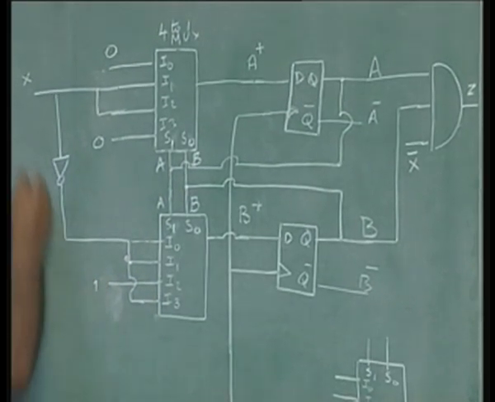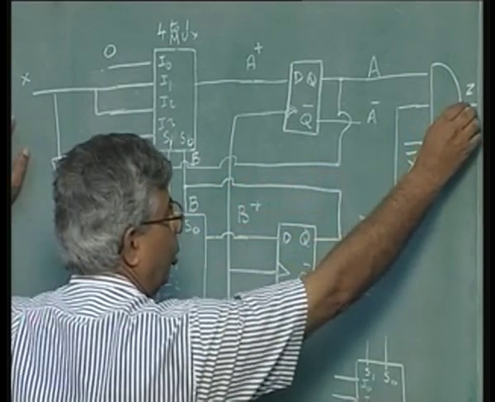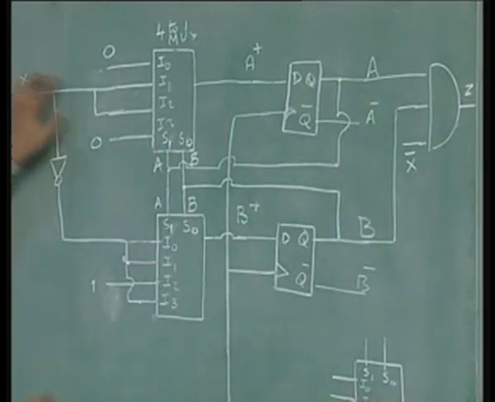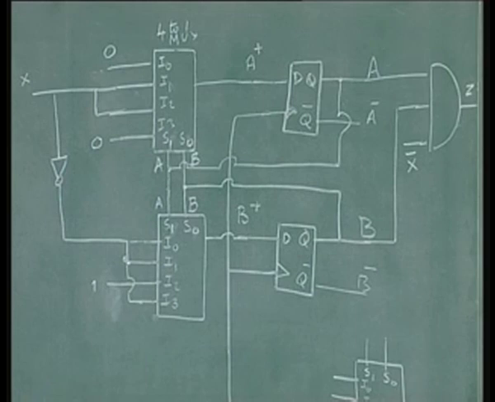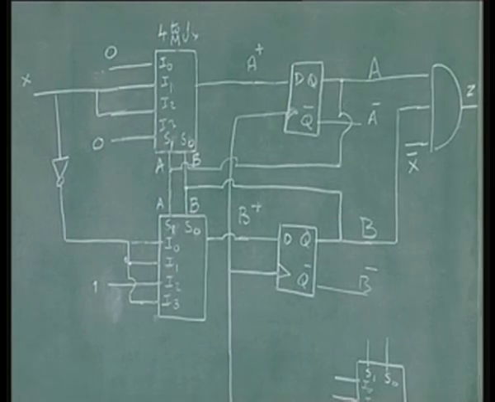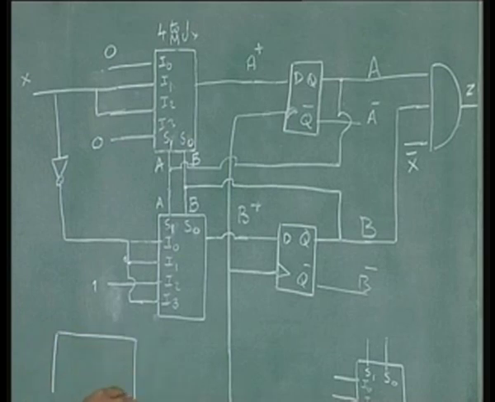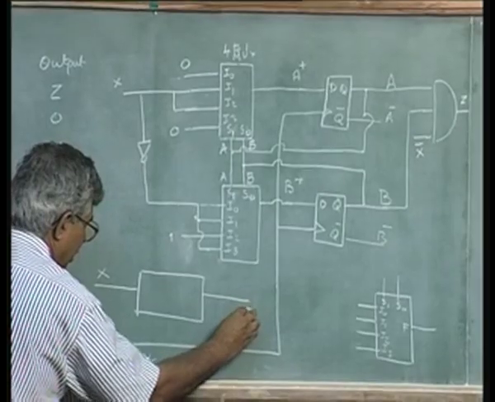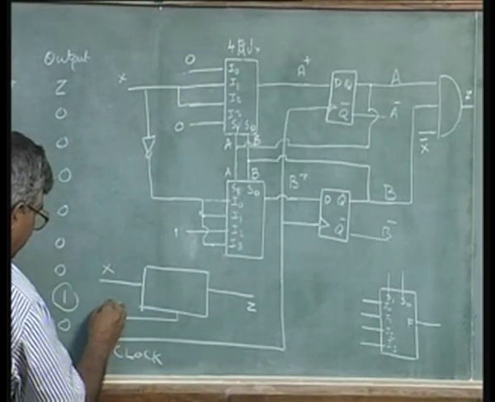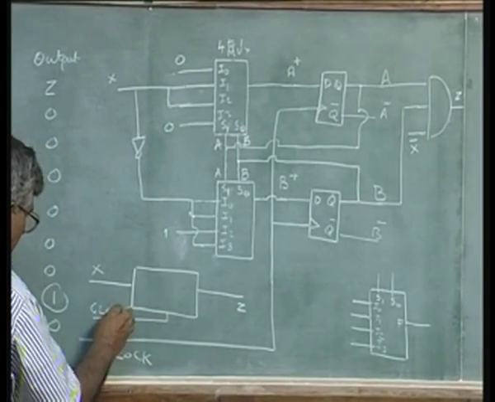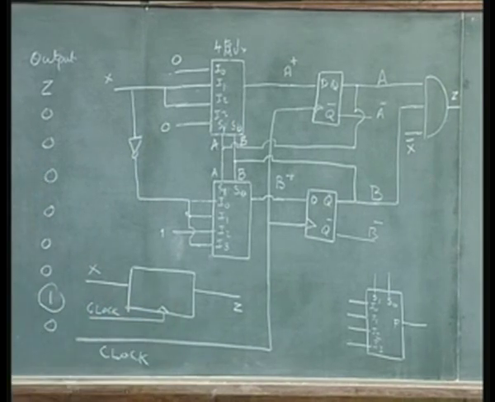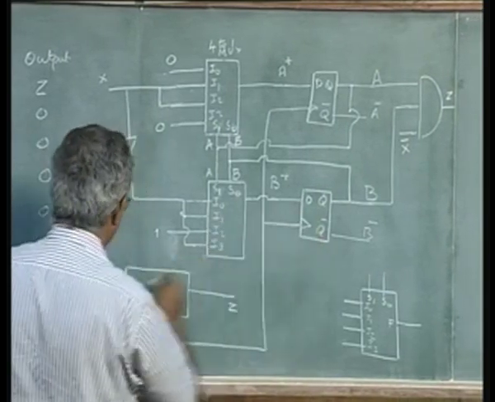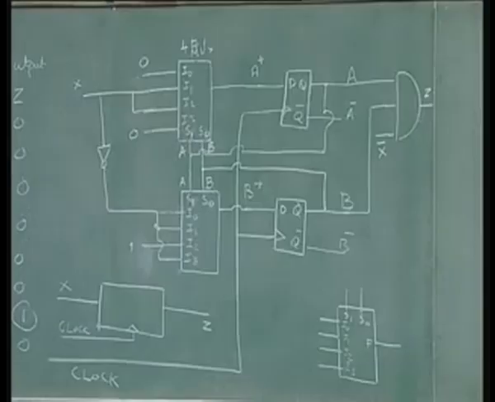This is the design. There is only one input, one output, because after all my system finally should have this type of a box, one input x, one output z, one clock. So, edge trigger clock I put it like this.